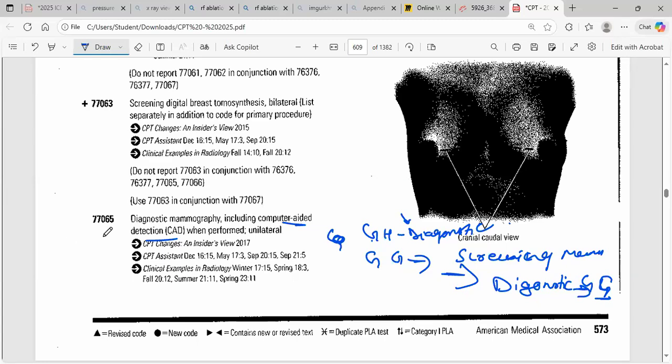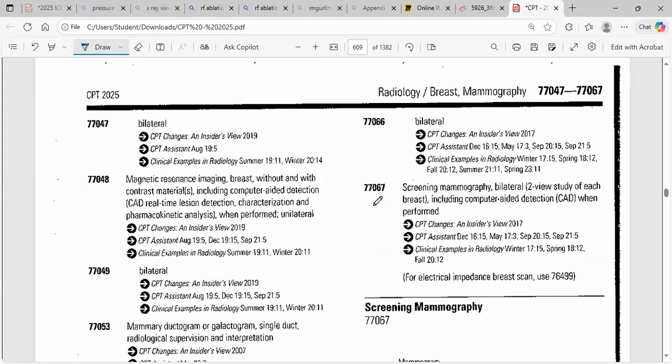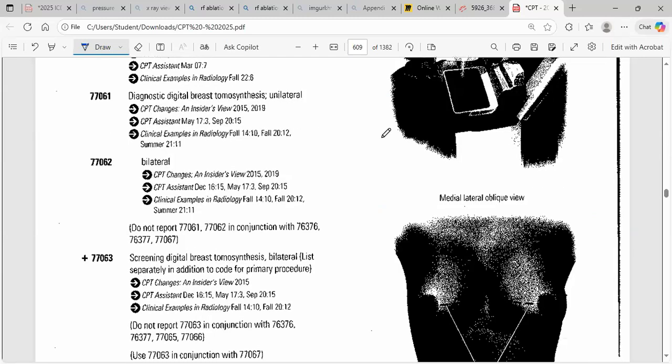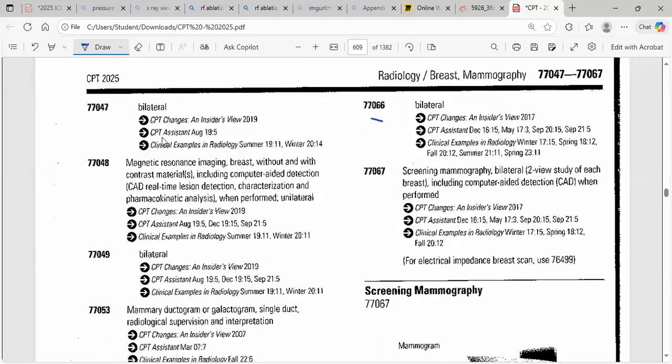So that is how you will identify, like you can see here, 77065 and 77066. These two codes are for the diagnostic mammography. But 77067 is for the screening mammography.